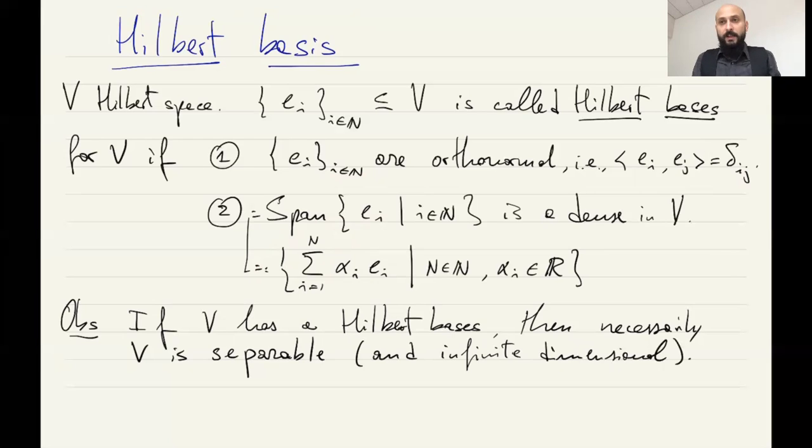I'm now going to prove a theorem that says that the converse is true. As soon as the Hilbert space is separable and infinite dimensional, then it admits a Hilbert basis.